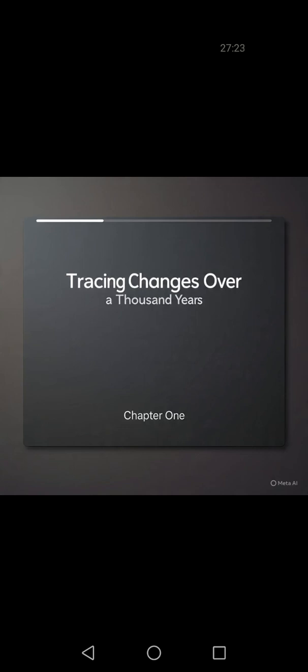The shift happened in the middle of the 19th century. British historians divided the history of India into three periods: Hindu, Muslim, and British.